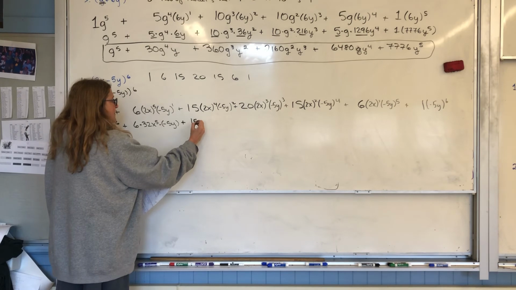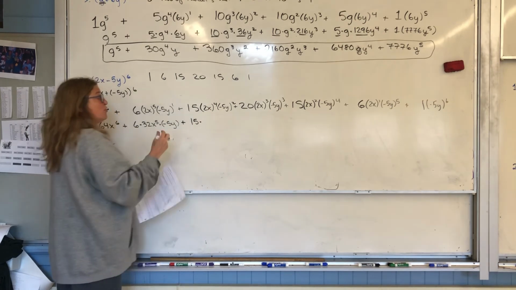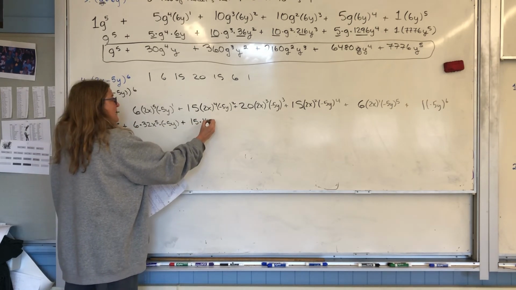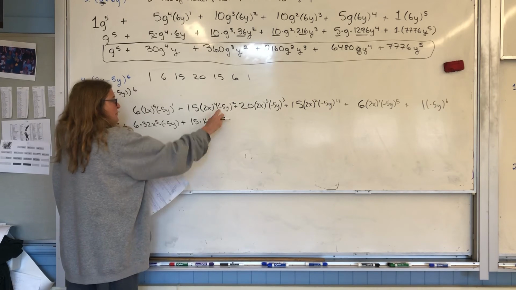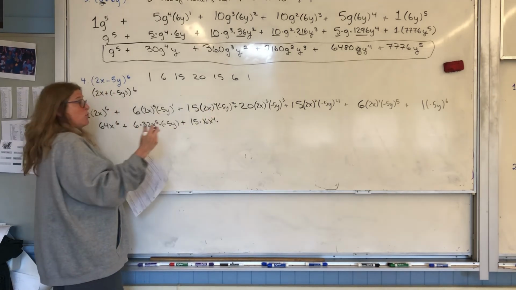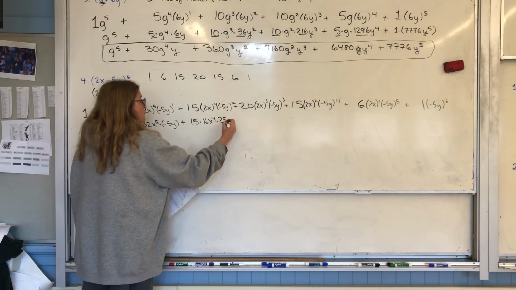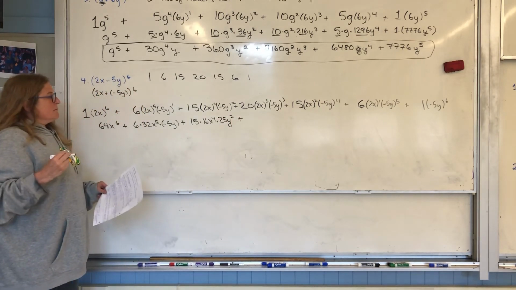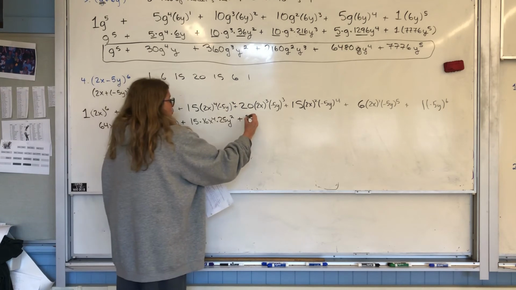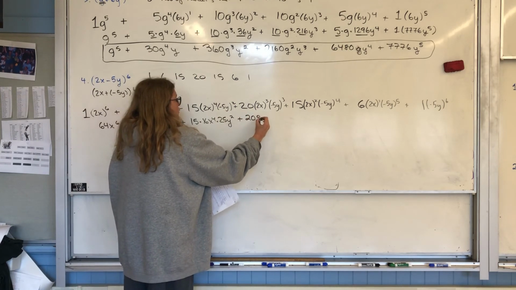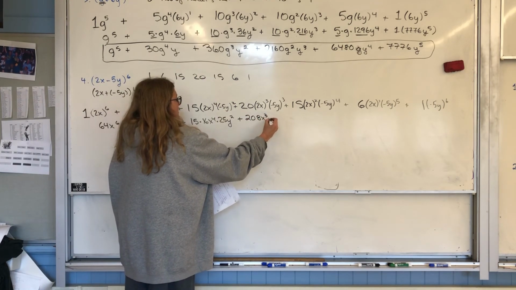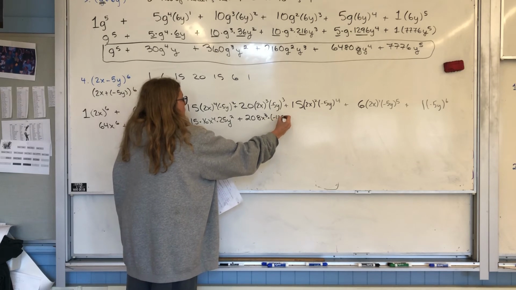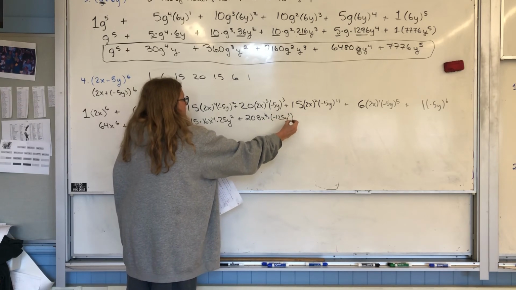Here I have 15 times 2x to the 4th, which is 16x to the 4th, times negative 5y quantity squared, which is 25y squared. Here I've got 2x to the 3rd, which is 8x cubed, times negative 125y cubed.